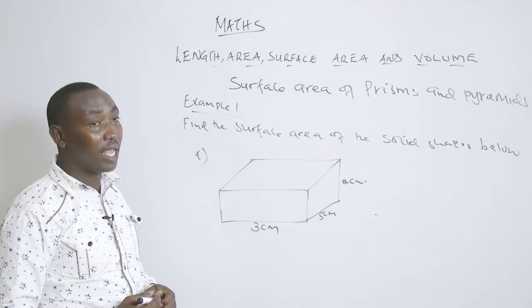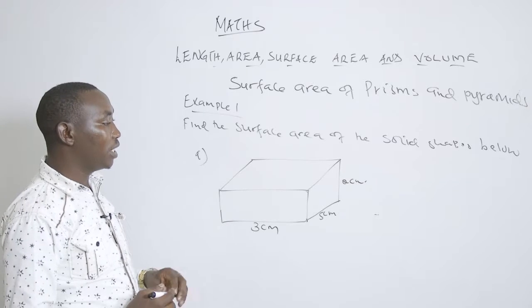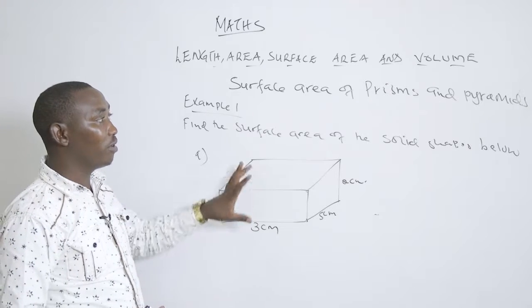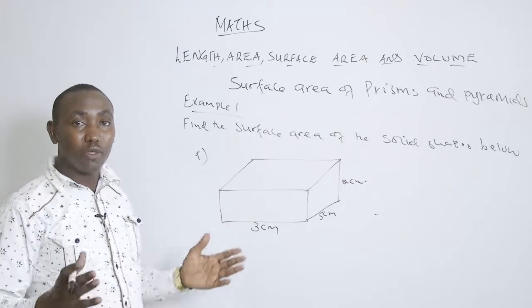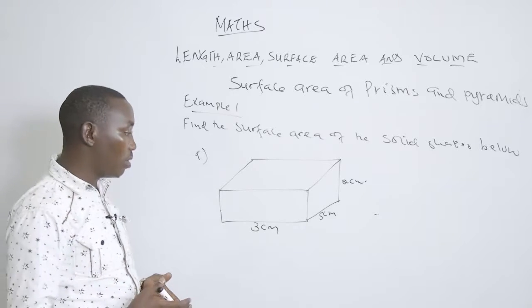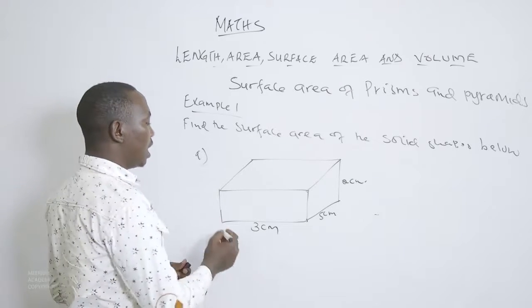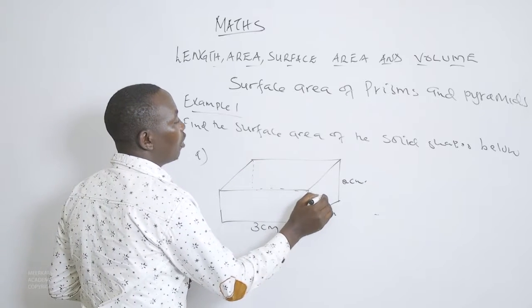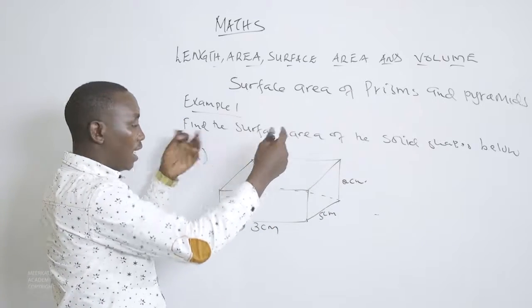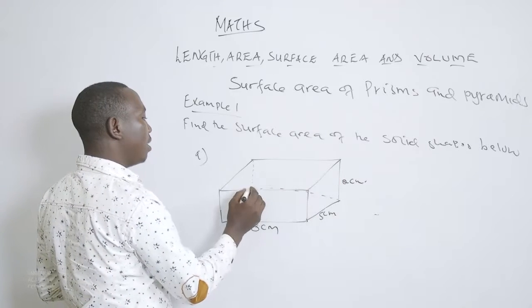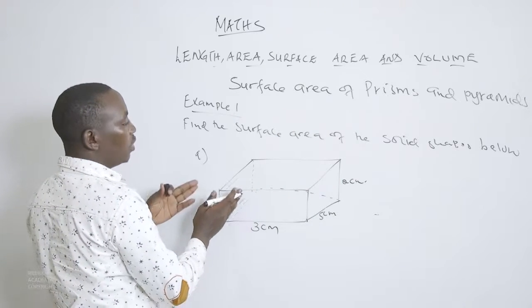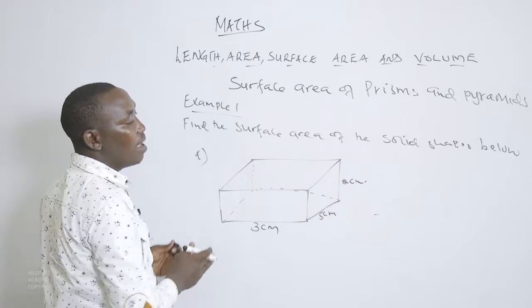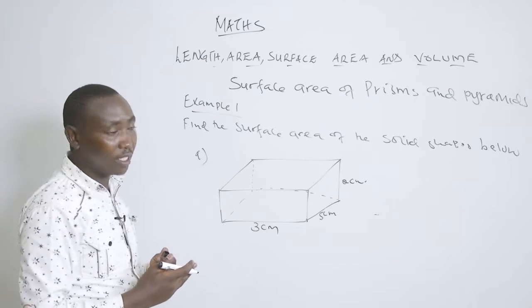its surface area. And you can see that this particular box, or prism, has some sides which are going to be equal. For example, if you consider this front side and the back side that you cannot see, and then this side is also equal to the other side because the measurements are the same.